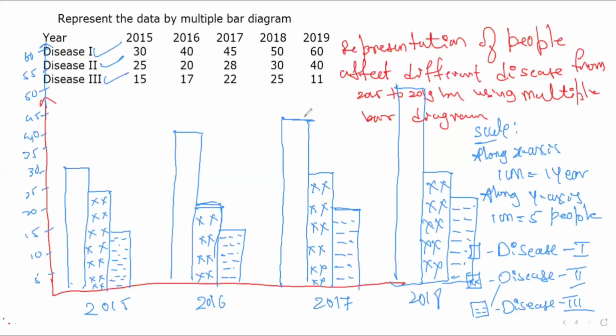Here we represented 2015 to 2018, four years. Due to space, I didn't represent 2019, but we need to represent it here also. So this is the multiple bar diagram. I hope it is clear. Simple bar diagram, multiple bar diagram. Next class we will discuss component as well as percentage bar diagrams.